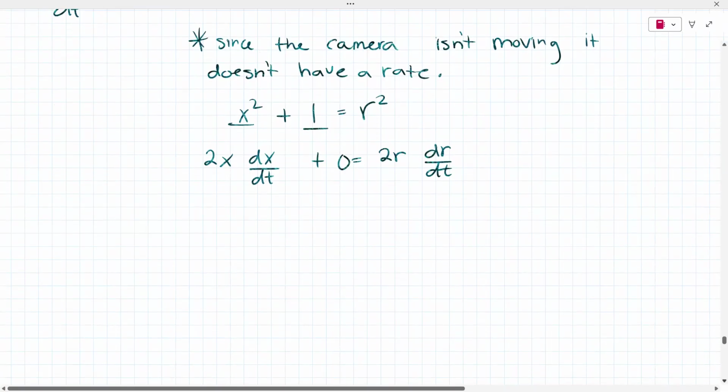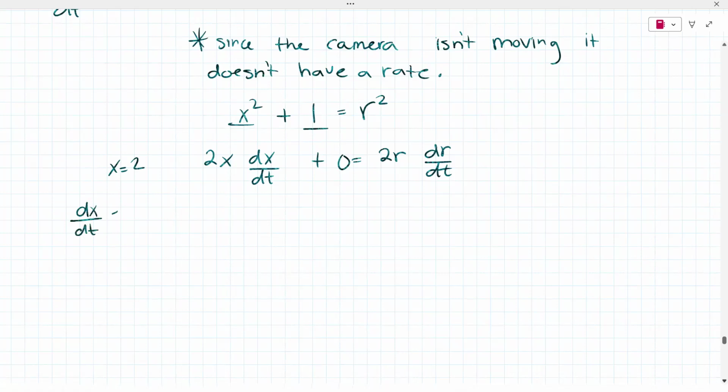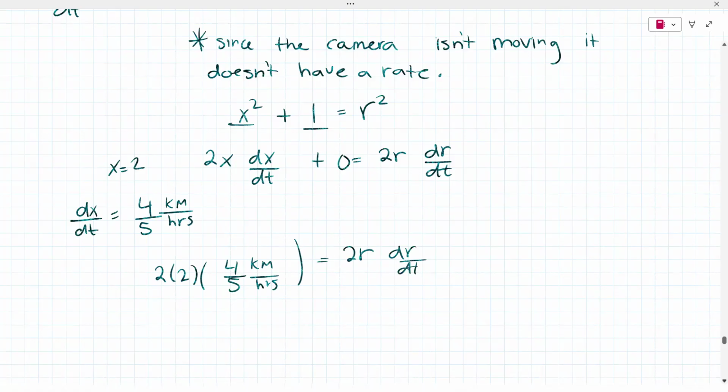Okay, and then plug in what we are given. We said that x was 2, and we also know that our speed, or dx/dt, is 4/5 kilometers per hour. So it's going to be 2 times 2 times dx/dt, which is 4/5 kilometers per hour, equals 2r dr/dt.